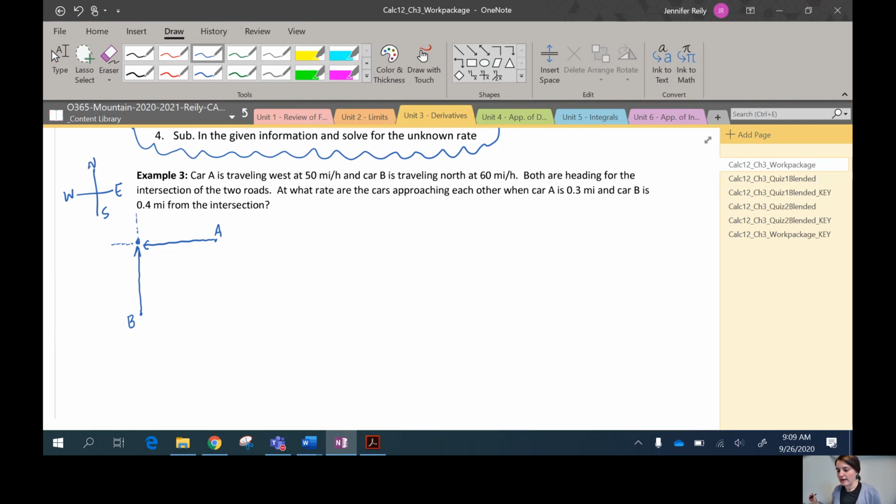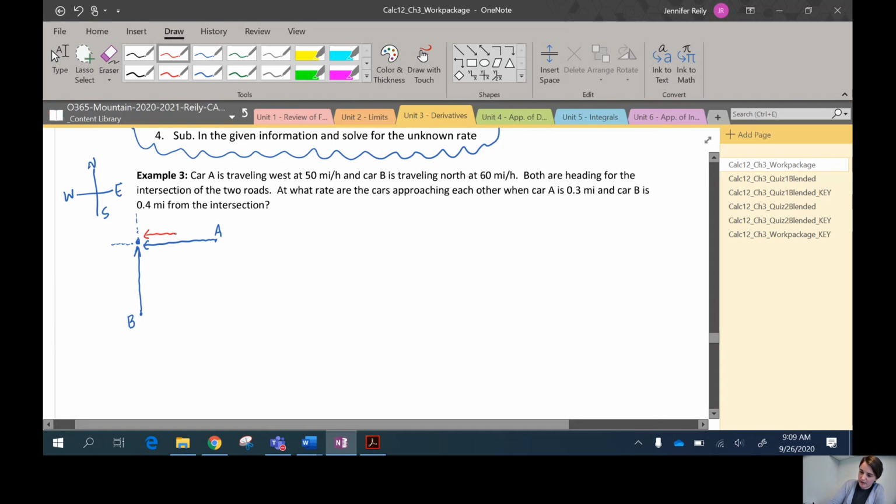And now we want to draw some labels on here. So just because it's related to car A, I'll call this distance between A and the intersection little a. Okay, and I'll call this distance between B and the intersection little b. You could call them x and y, but I'll just use a and b, it doesn't matter. And we're interested in the rate at which these cars are approaching each other.